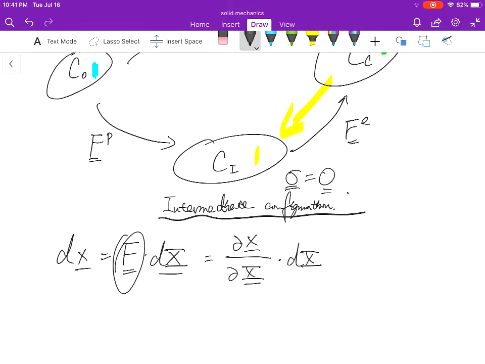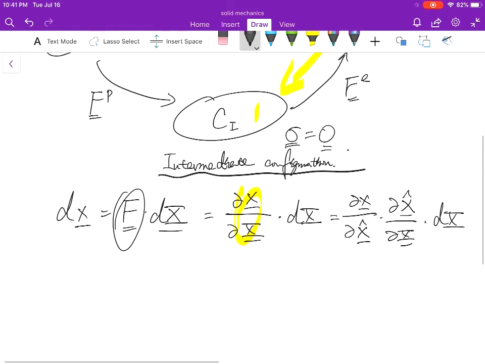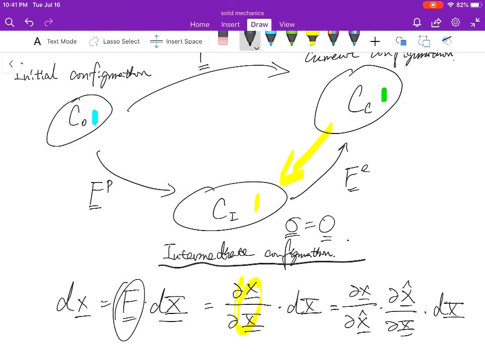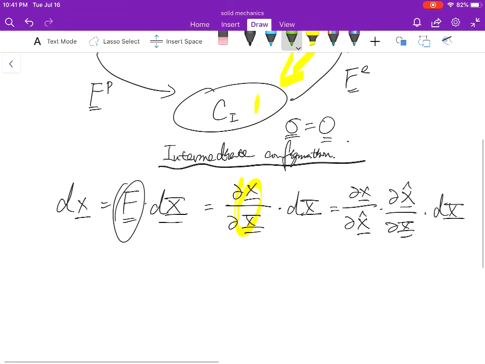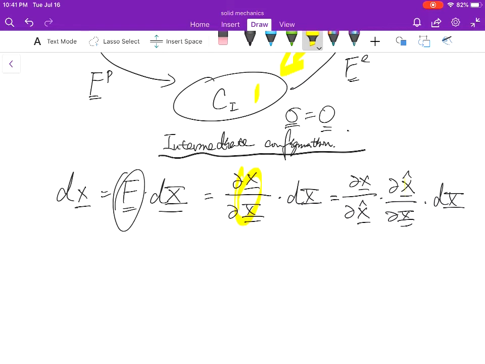And because of the chain rule, this part can be read as this, times uppercase X. Remember that this x with a hat denotes the element in our intermediate configuration.